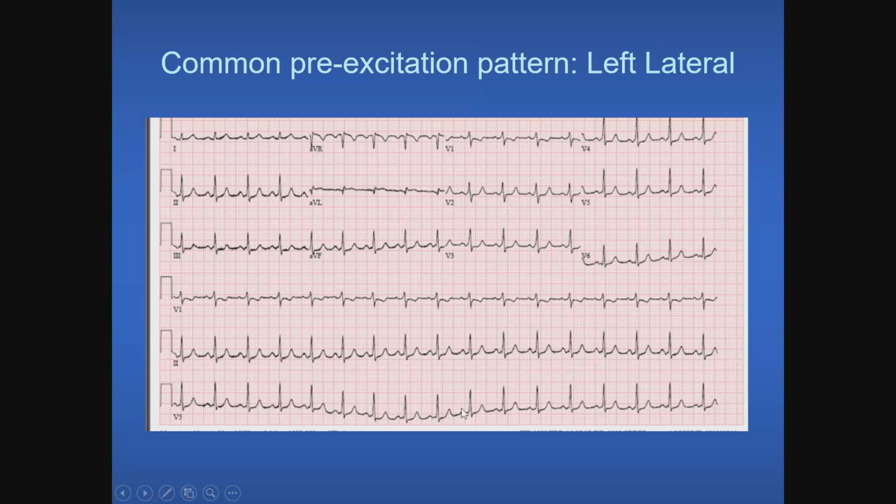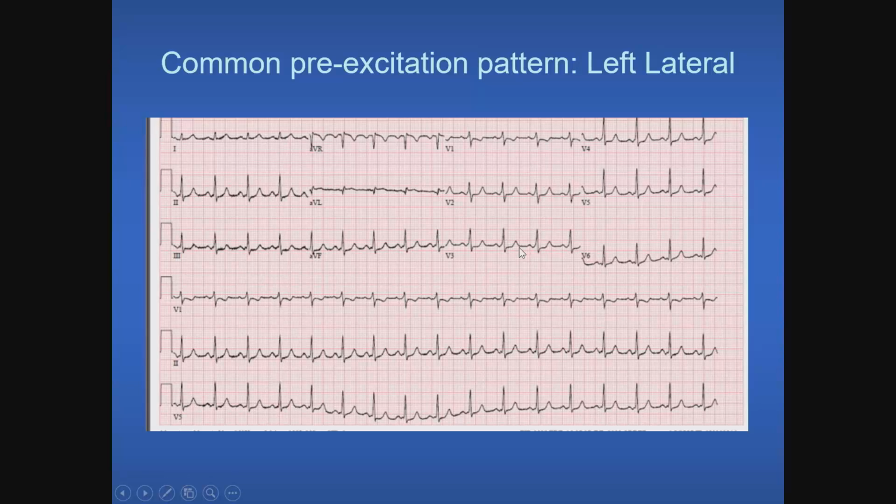So here's a common pre-excitation pattern, left lateral pre-excitation. Now you might say, oh, I'm looking at the QRSs here in 2, 3, and AVF, and I don't see a lot of slurring. I see a little bit of slurring, but when you look at V2, you can pretty clearly see that there's a lot of slurring in V2, a lot of slurring in V1.